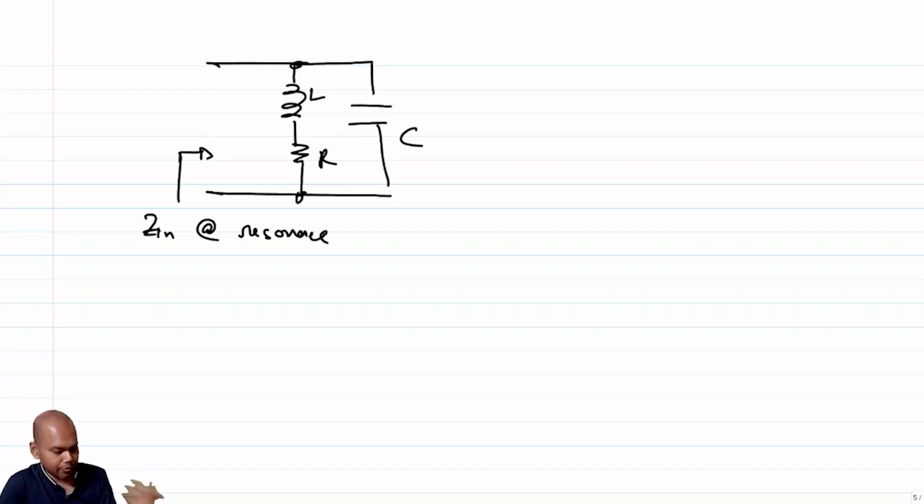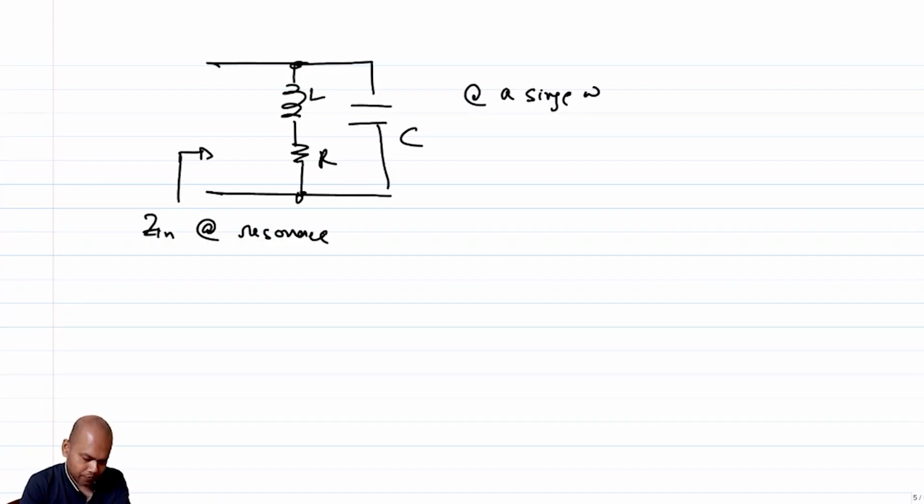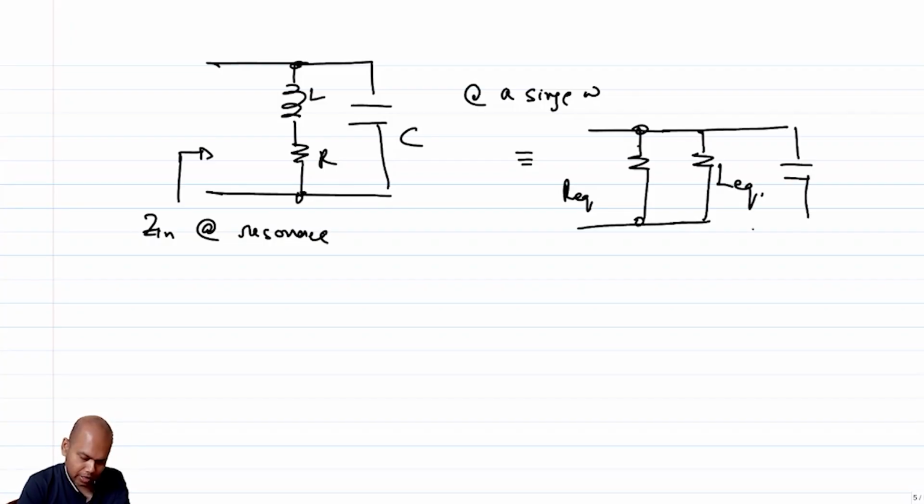So to do that, ultimately I would like to express this at a single omega as some R equivalent at some omega, and maybe I will have some L equivalent, and this capacitor, let's say, remains a capacitor, right?